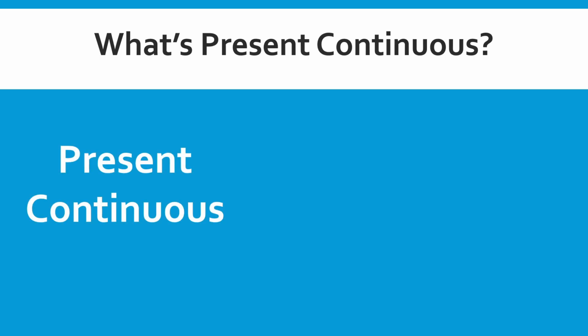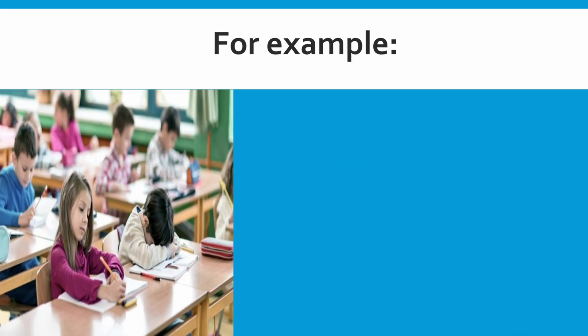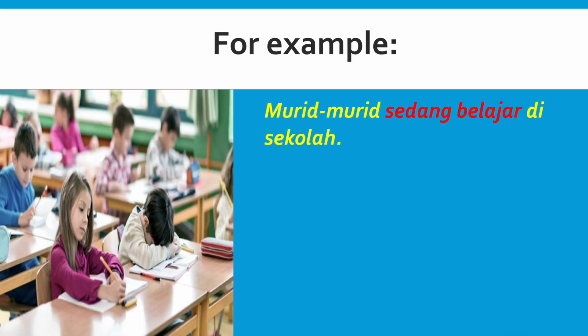Generally, present continuous in BM means perkara berlaku sekarang. Therefore, whenever you think of writing something that is happening now in English, you will need to use present continuous tense. For example, say, murid-murid sedang belajar di sekolah.